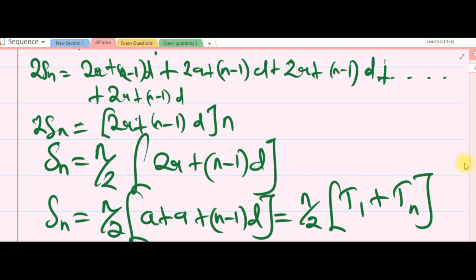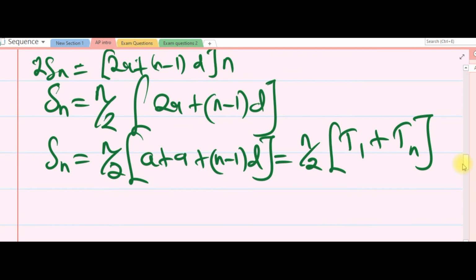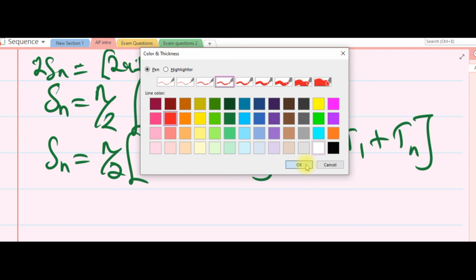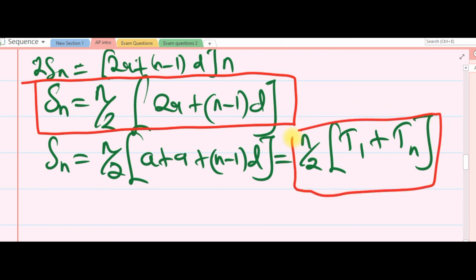So if you don't use this first one, you can use this second one, depending on the question. We use this one if you know the first and the last term. But we use this one if you just know the first term and the common difference. So those are the two formulas we use to find the sum of the first n terms of an arithmetic progression. So let's go over to the geometric progression.